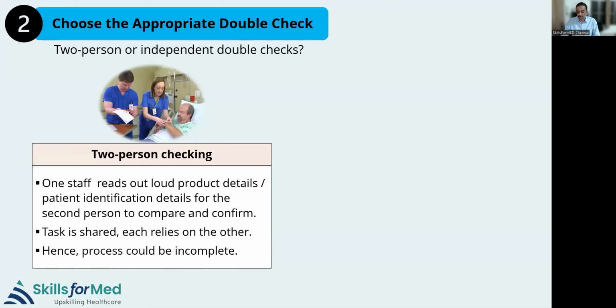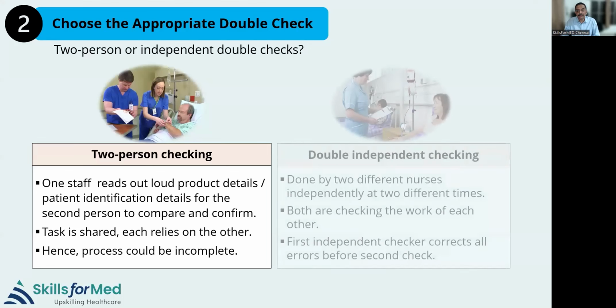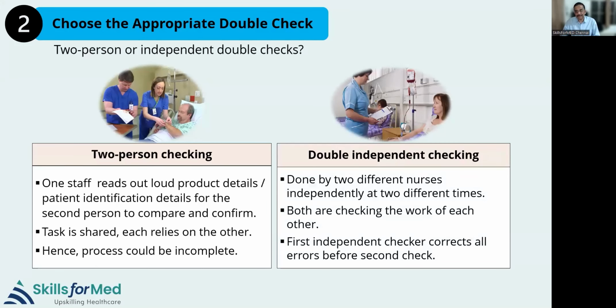So because of this drawback, they said, why don't we do double independent checking? Many hospitals are implementing this, where you check the drug, the patient details, all the five rights first, and then another nurse or doctor will come at a different time, maybe 5 or 10 minutes later, and again check the same things and make sure you have done the right thing.